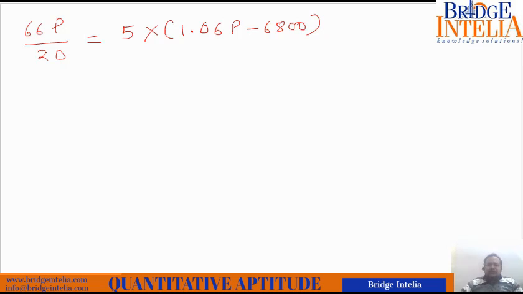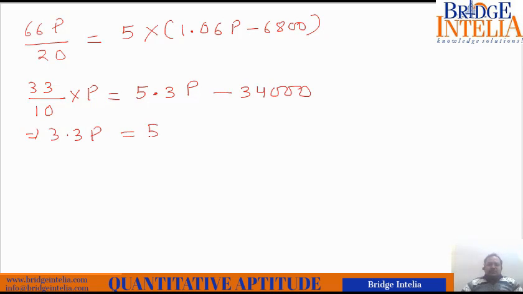So 33 by 10 into P is equal to 5 into 1.06, so 5.3P. 6,800 into 5 is equal to 34,000. So this is 3.3P is equal to 5.3P minus 34,000.